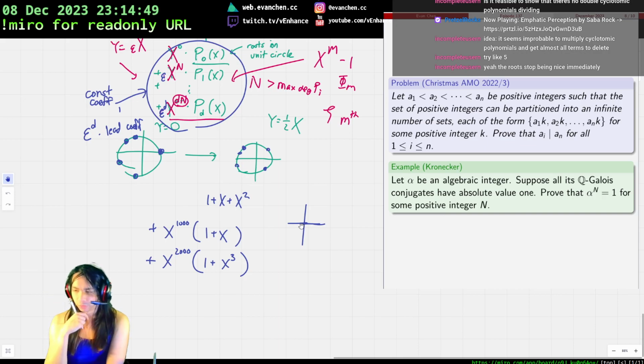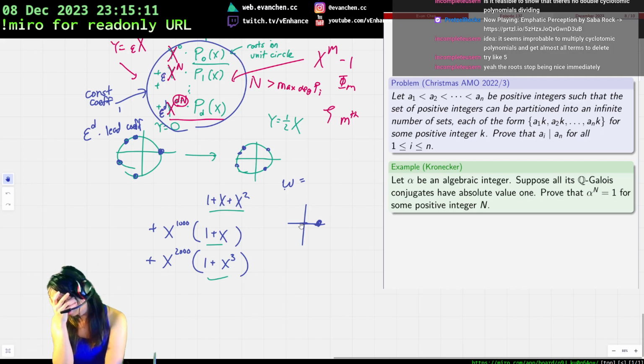So if there's a root of unity, then if there's like a primitive nth root of unity, we can take the one that is closest to 1, and then these things... this is too complicated. I really wanted to say these things are close to 1, but I don't think that's gonna fly.